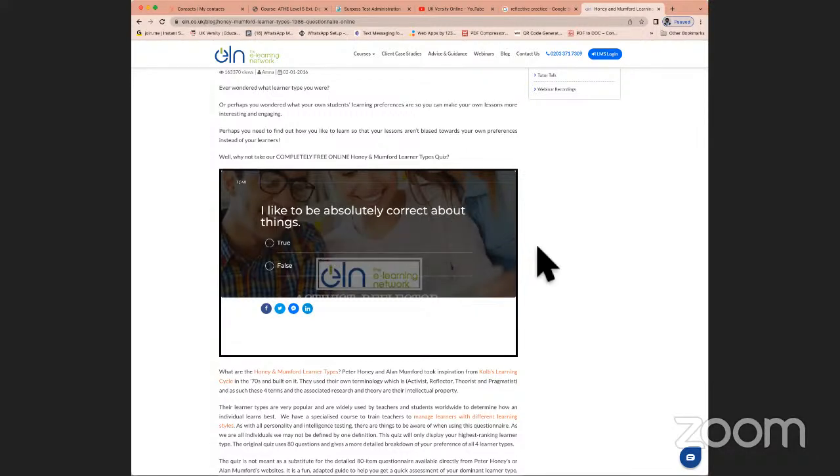So all you have to do is read the question and answer it, there's no right or wrong answer. Once you do that, towards the end of the 40 questions that you've answered, this is going to give you what is called a result. And that result is primarily going to tell you what kind of learning style you have.